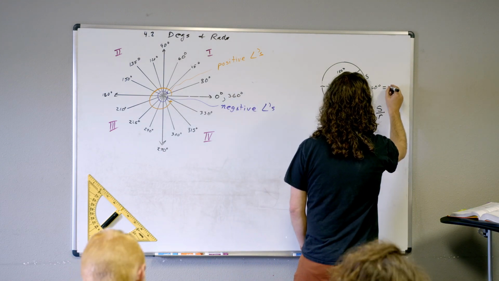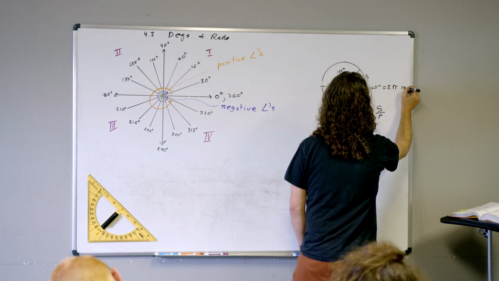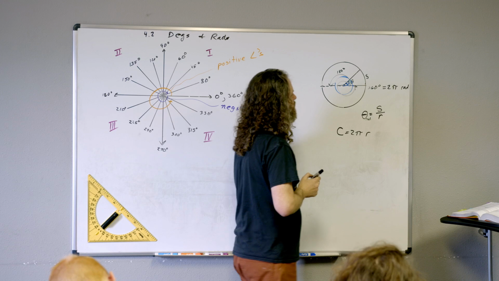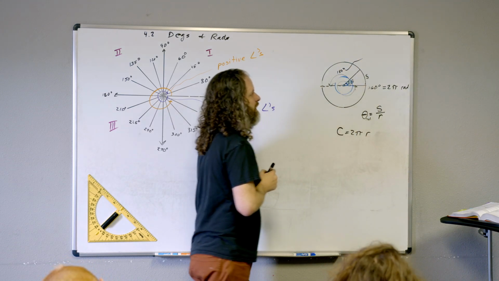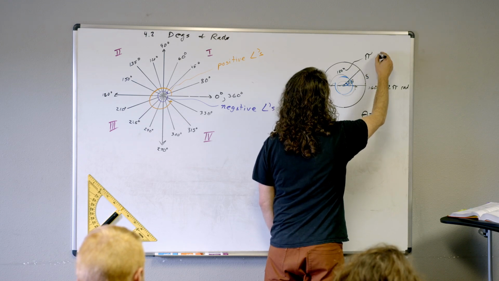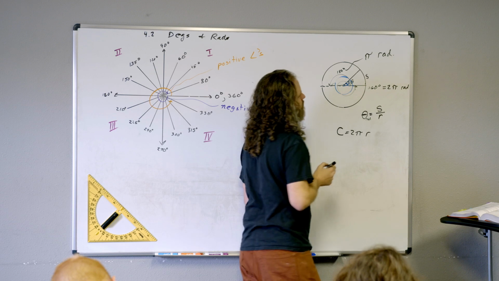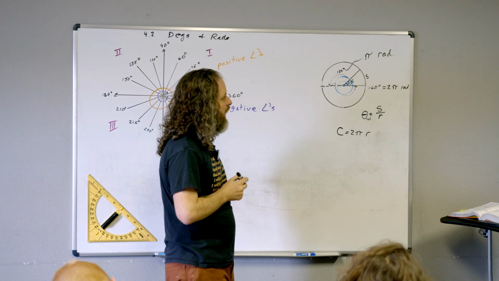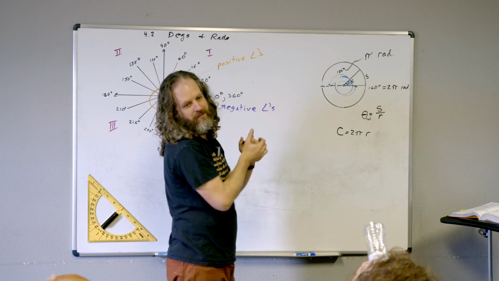So this is 2 pi radians all the way around the circle. So this one would be how many pi? 1 pi radians. And this works no matter how big the circle is.